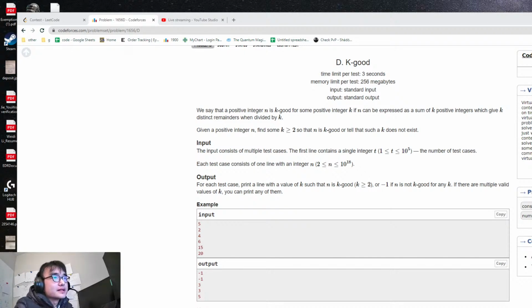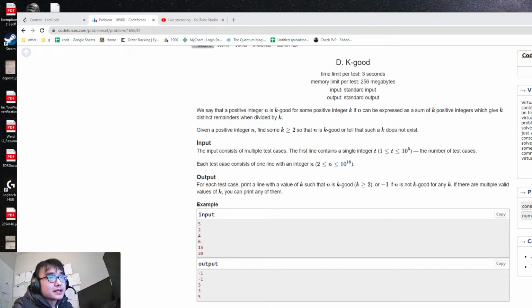For one, this side is an even number because n is an integer, so 2 multiplied by n is an even number. That means this side is also an even number. And let's take a look at K here. One of them should be even and one of them should be odd.